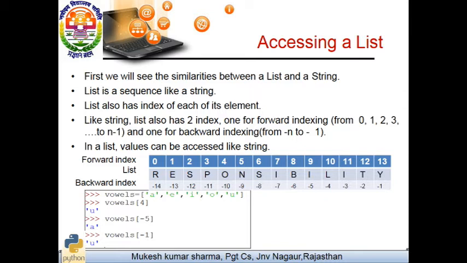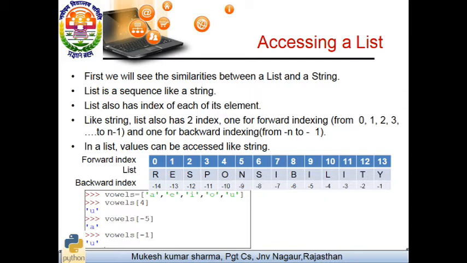Now we talk about how we can access a list. First we will see the similarity between a list and a string. List is a sequence like a string. A list also has an index for each of its elements. Like a string, a list also has two indexes, one for forward indexing and one for backward indexing.